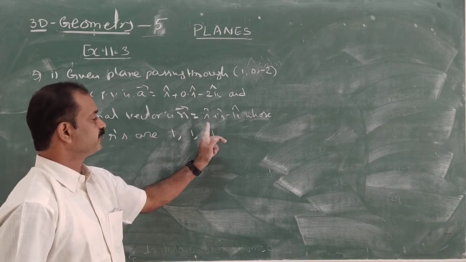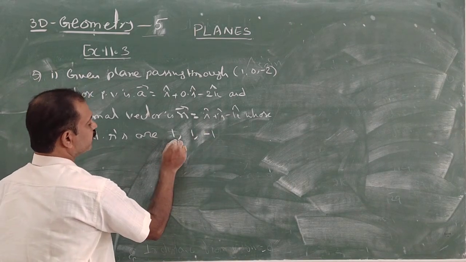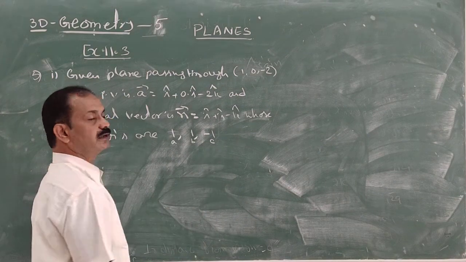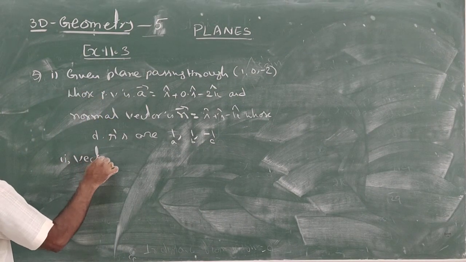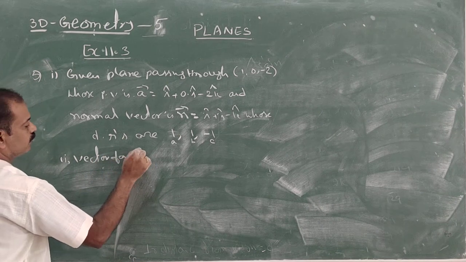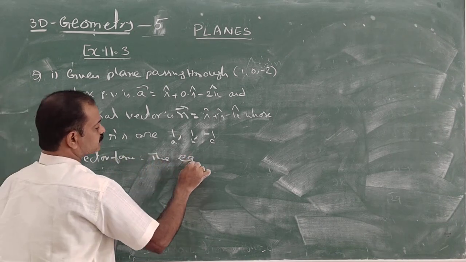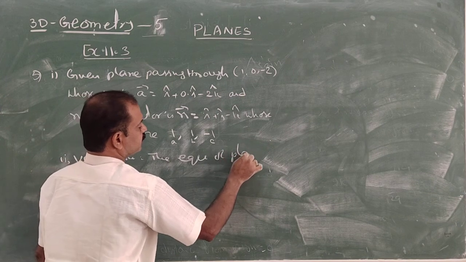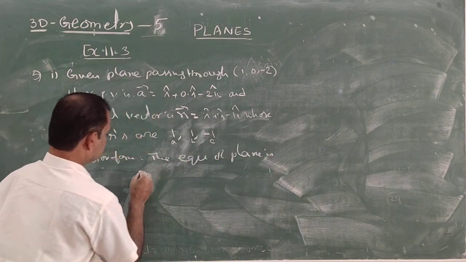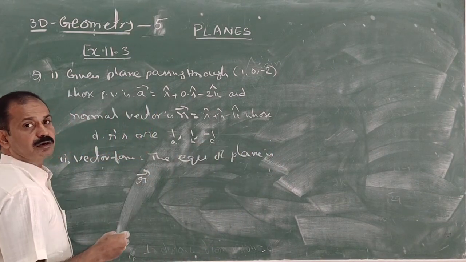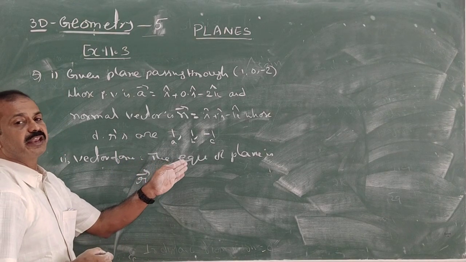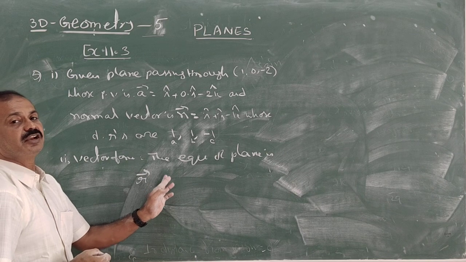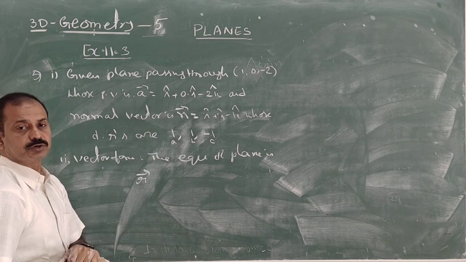These are the direction ratios of the normal, so you can take them as A, B, C. In vector form, the equation of the plane is r dot n is equal to a dot n, or (r minus a) dot n is equal to 0.